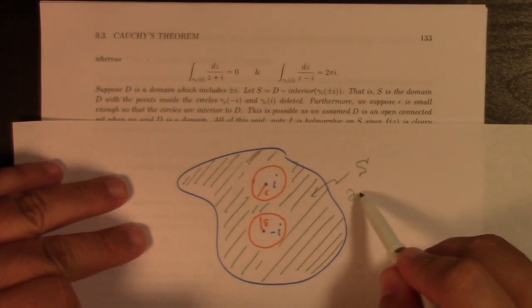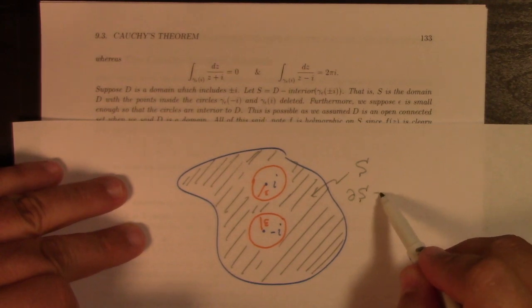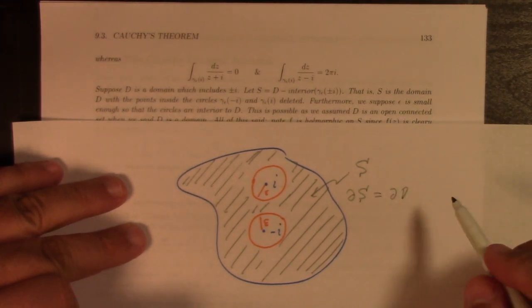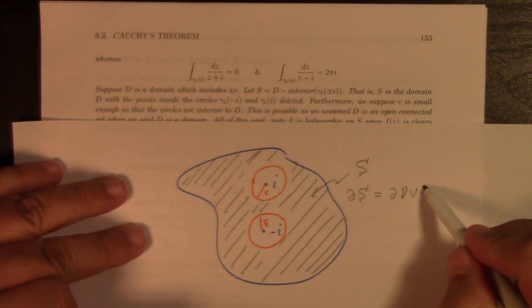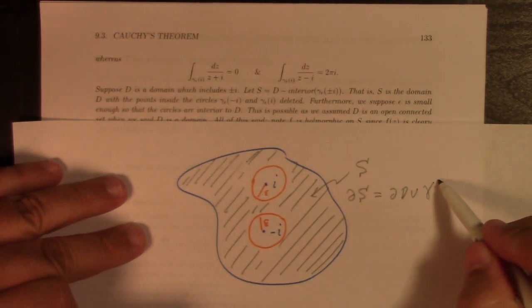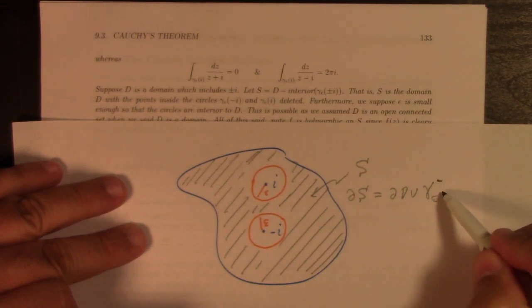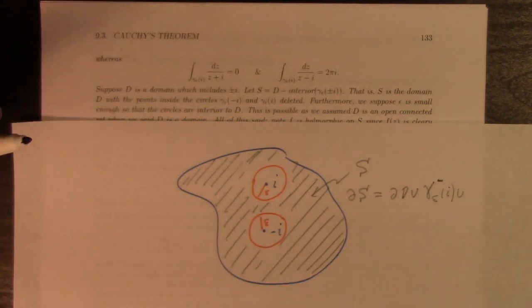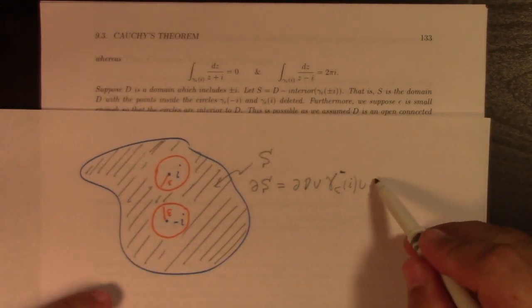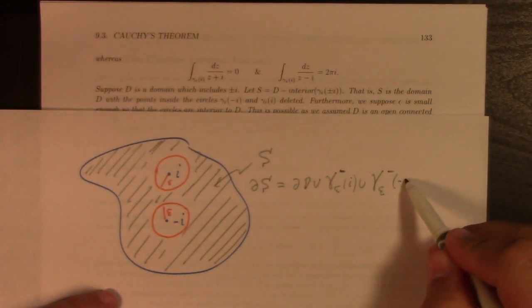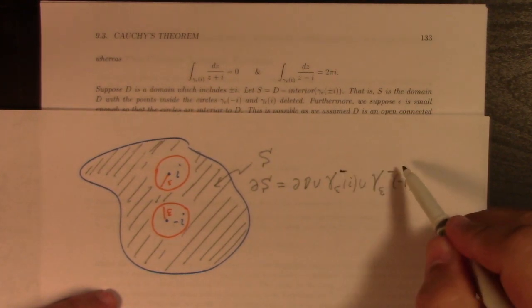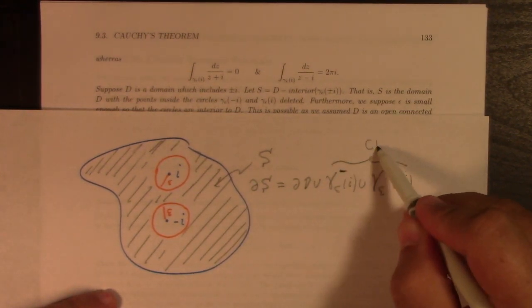Now, the boundary of S is equal to the boundary of D unioned with, in my current notation, minus gamma epsilon at i and minus gamma epsilon at minus i. I have to put the minus because they are both clockwise oriented.